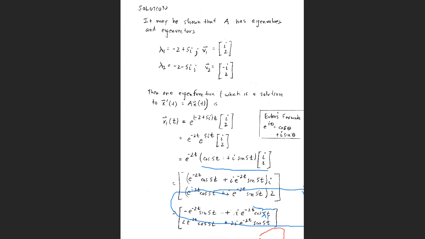That's the definition of an eigenfunction, and eigenfunctions are solutions to linear systems of differential equations. What we're doing is taking this one eigenfunction and rewriting it so that I can identify x sub real and x sub i, which are also solutions to my linear system of differential equations. Okay, good question, Matthew.